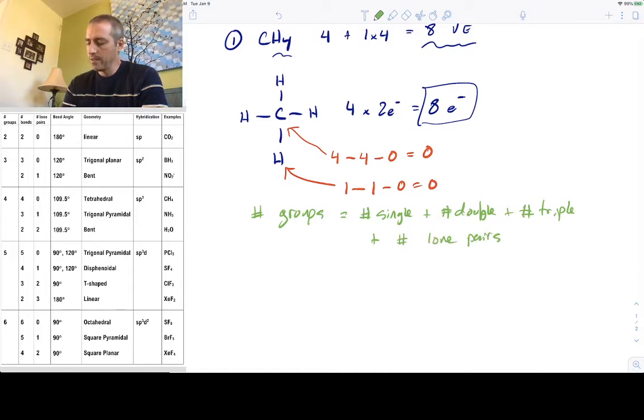Add all those up. In our compound, we have 4 single bonds, no doubles, no triples, and no lone pairs, so the total is 4. That means we have 4 groups around the central atom in methane.